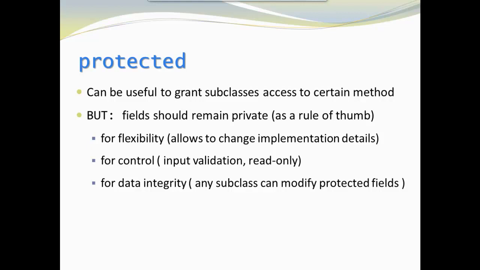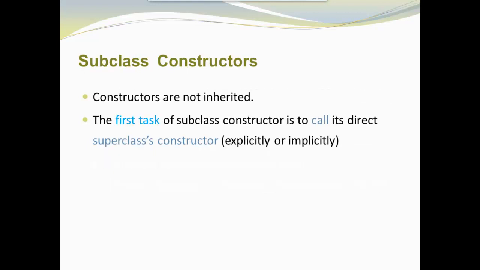This will allow you control to validate input, also to expose the value of a field, let's say only for reading and not for writing. You could do that by having a getter but no setter. And then it helps you to protect the data integrity. If you keep your fields private, you prevent others from making unwanted modifications.